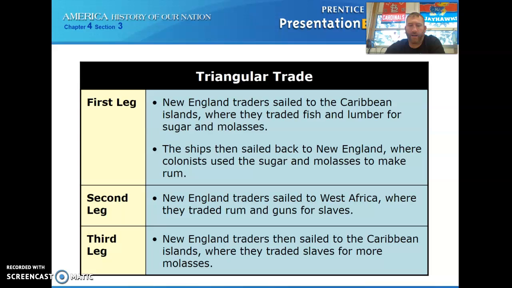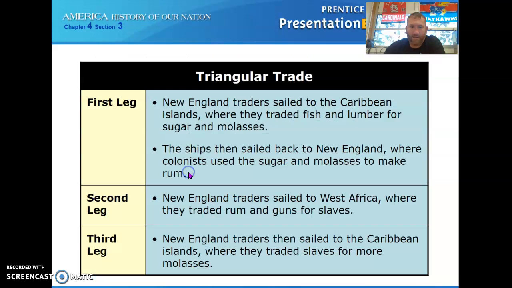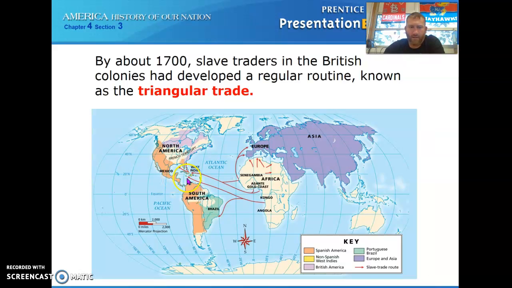And on the third leg, the New Englanders then sailed to the Caribbean islands where they traded slaves for more molasses. So they left up here, came down here, got rum, came back, made molasses, sailed all the way over here to trade molasses and rum for slaves, and then came all the way back and sold the slaves so they could buy more molasses. It was just a big circle.